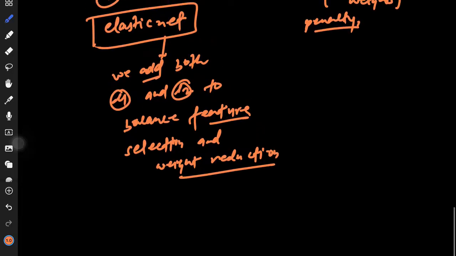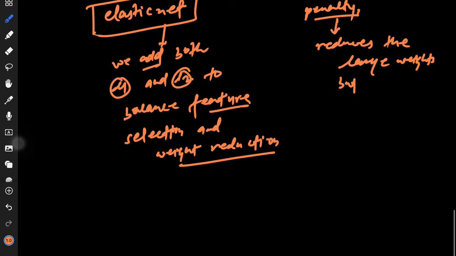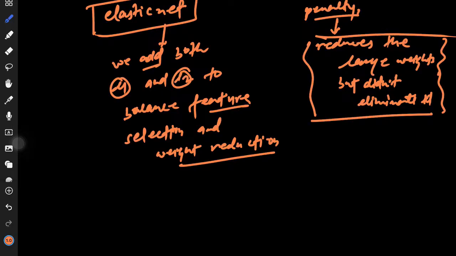In L2 regularization, like in ridge, we add the square of the weights. It reduces the large weights' importance but doesn't eliminate them.